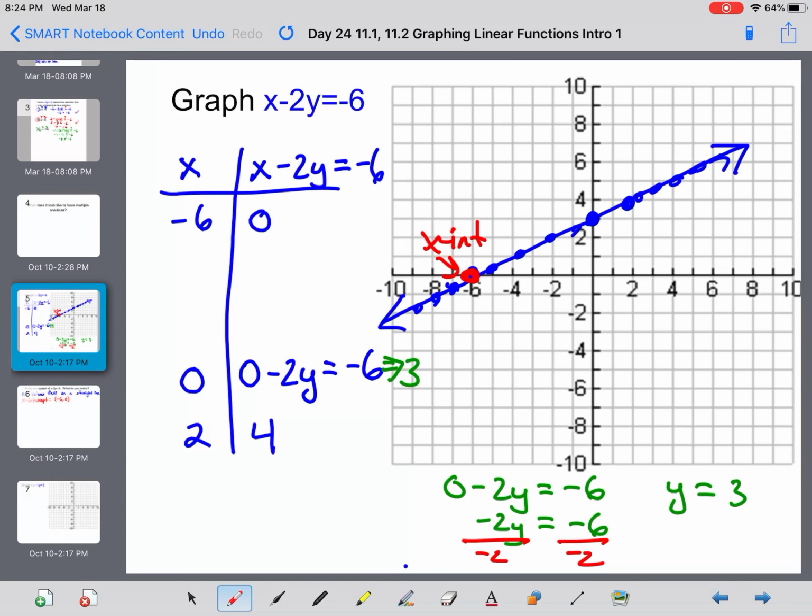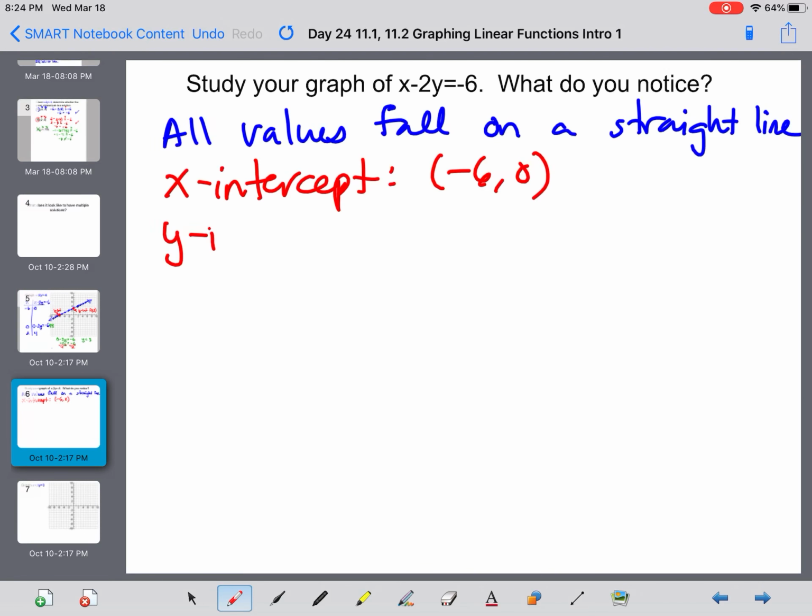It also touches the y-axis at the point 0, 3. So I'm going to say that it has a y-intercept. We'll talk more about intercepts in just a second. It has a y-intercept at 0, 3.